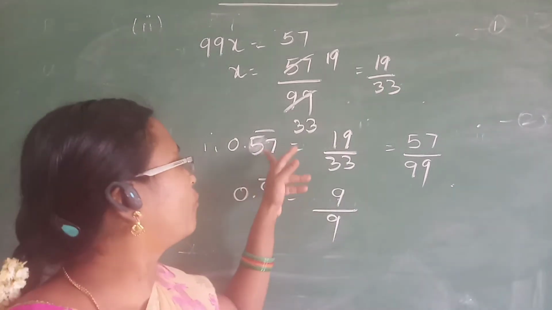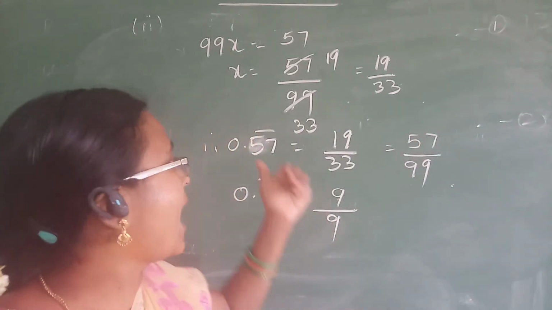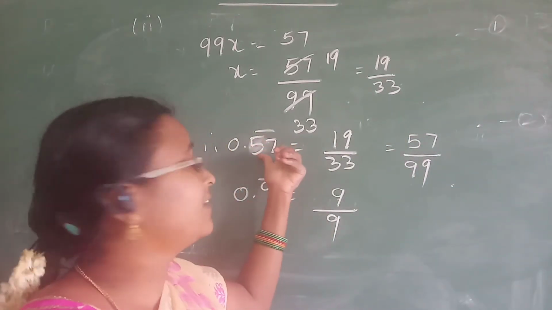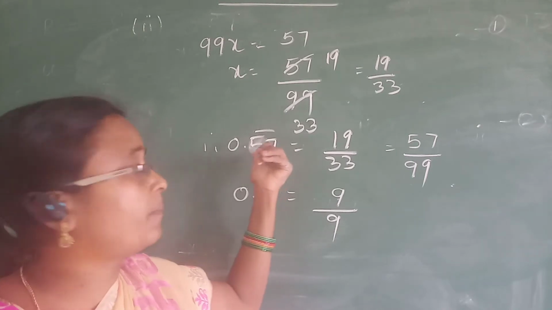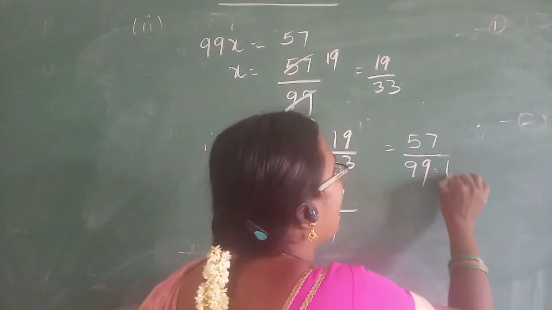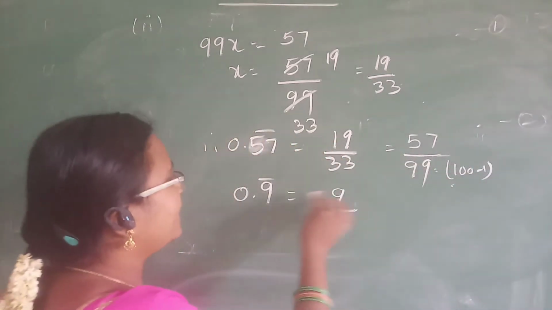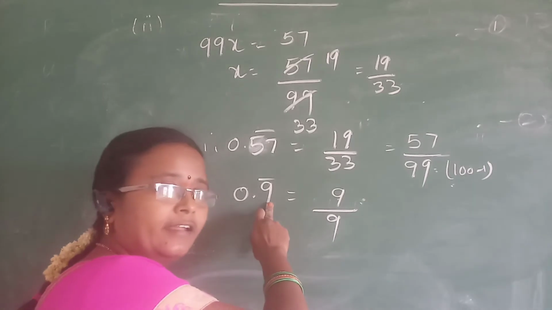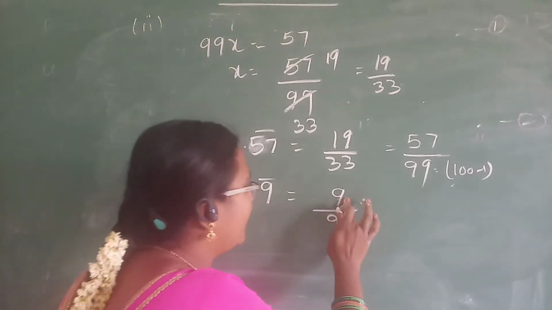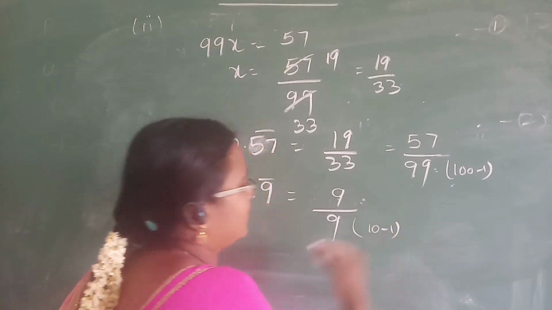In the numerator, whatever is given as the repeating part becomes the numerator, and the denominator depends on the periodicity, the digits getting repeated. 5, 7 is 2 digits, so 99 can be written as 100 minus 1. In the previous problem, as the periodicity is 1, it becomes 10 minus 1.